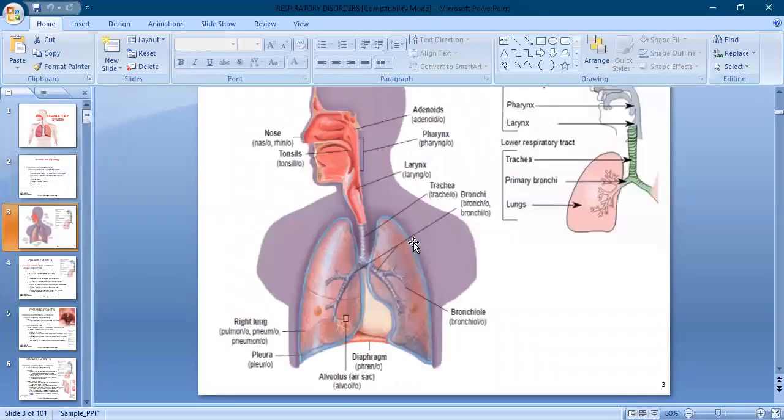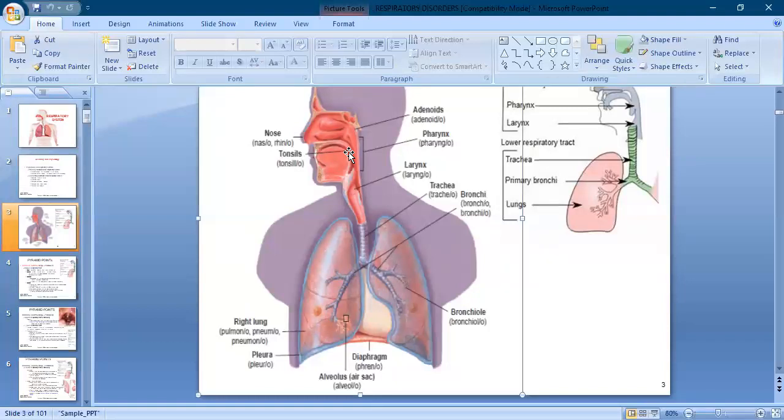And here showing the picture, you can see the respiratory system starts from the nose. Then there are so many sinuses there. And then they communicate in the pharynx. This is the pharynx. And here also is another gland called the tonsil.